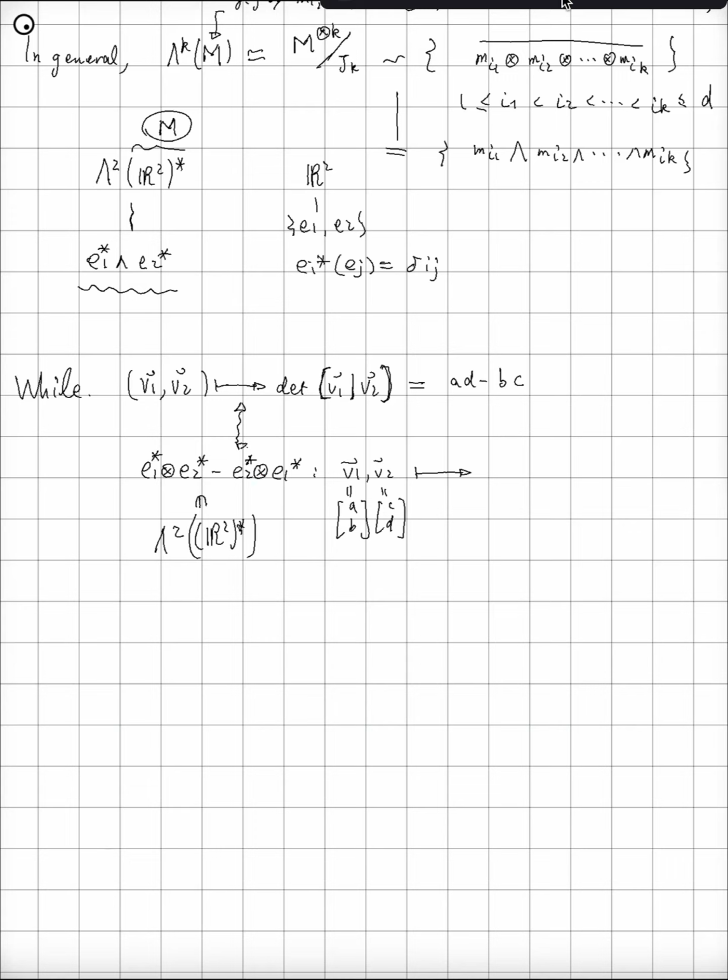And this element maps v1, v2 to E1 star v1 times E2 star v2 minus E2 star v1 times E1 star v2, which is exactly ad minus bc, right?